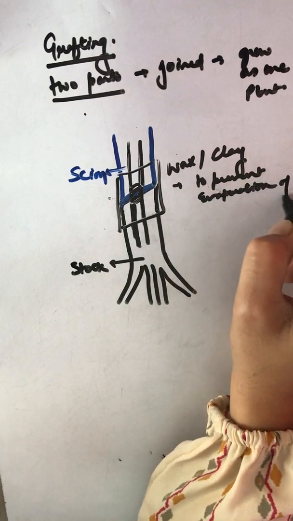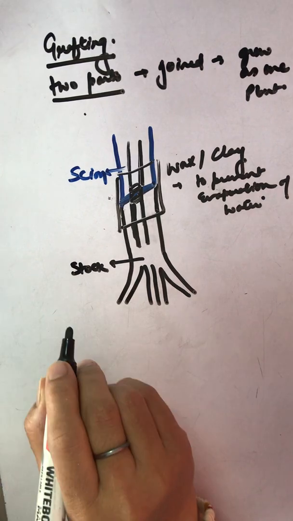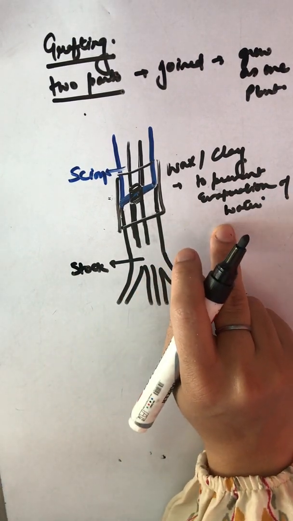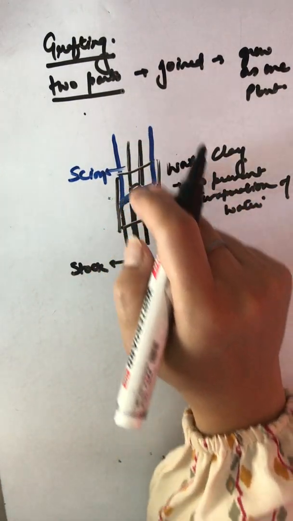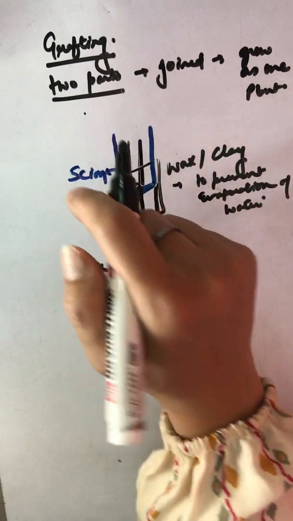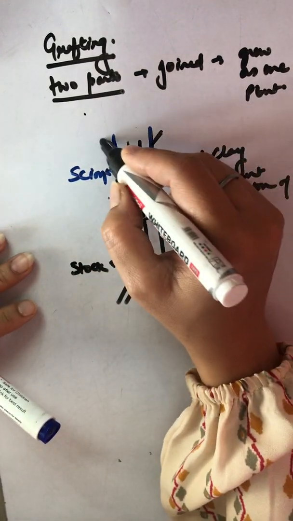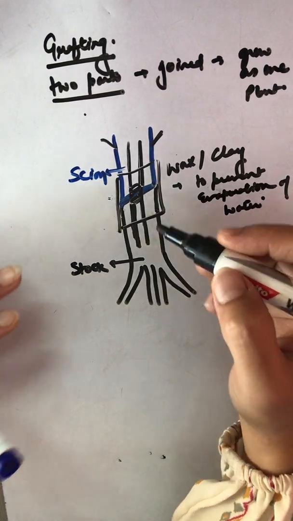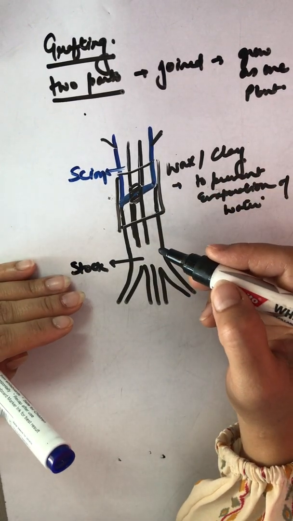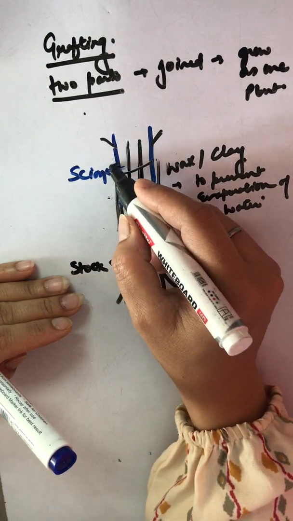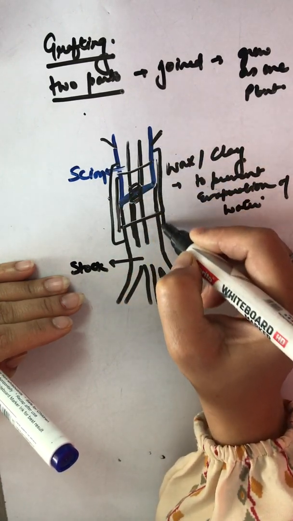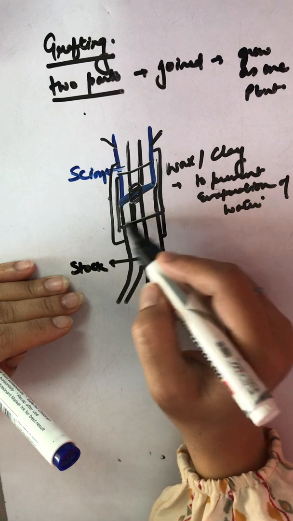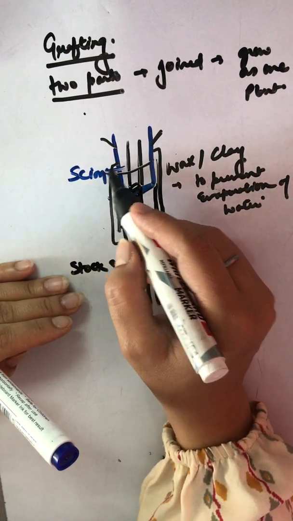Then whatever extra buds and supporting branches are there need to be removed. Then it is tied in such a manner that it has a wrapping sheet onto it, or a talc sheet, and tied with a thread on the top.